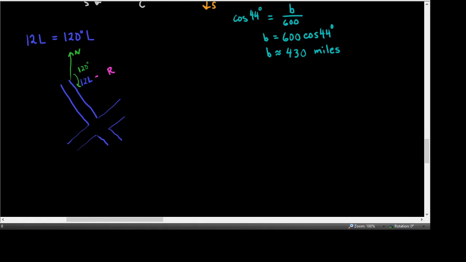So what would the corresponding R number be for that? Well, the right bearing is the opposite direction from the left bearing. So if this is 120 degrees left and I wanted to go the opposite direction, that would be like saying from here, if this is due north, what number is that?